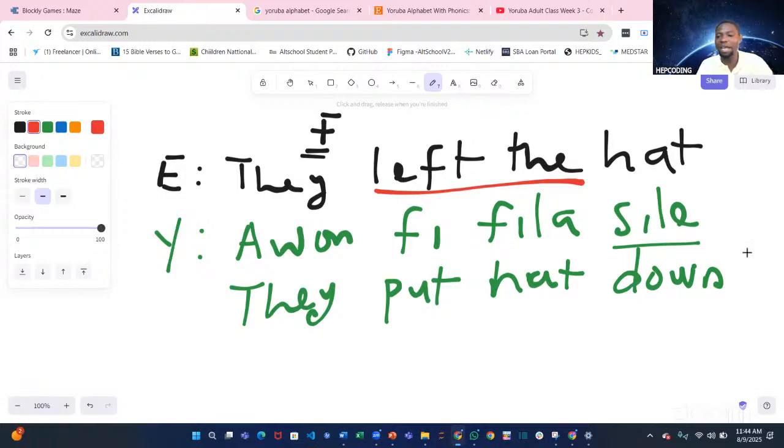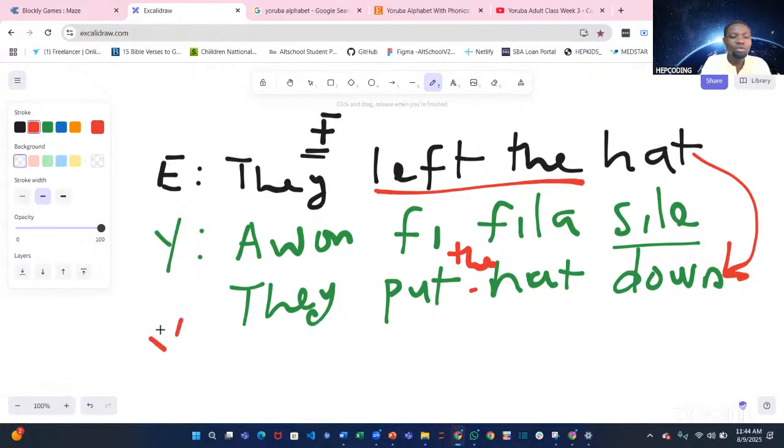It's more or less the way you would explain this sentence to a kid to understand it. So Yoruba does a lot of things like that. They put the hat down. Of course, in English you put an article here. They put the hat down, right? Wọ́n fi fìlà sílẹ̀.